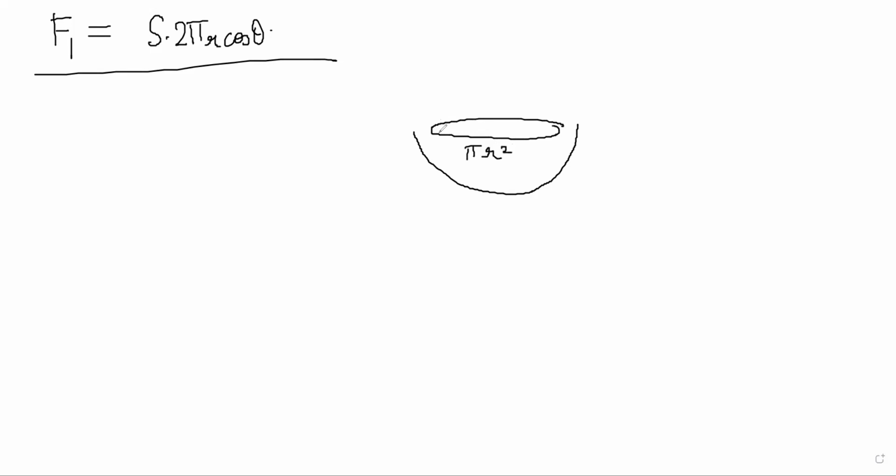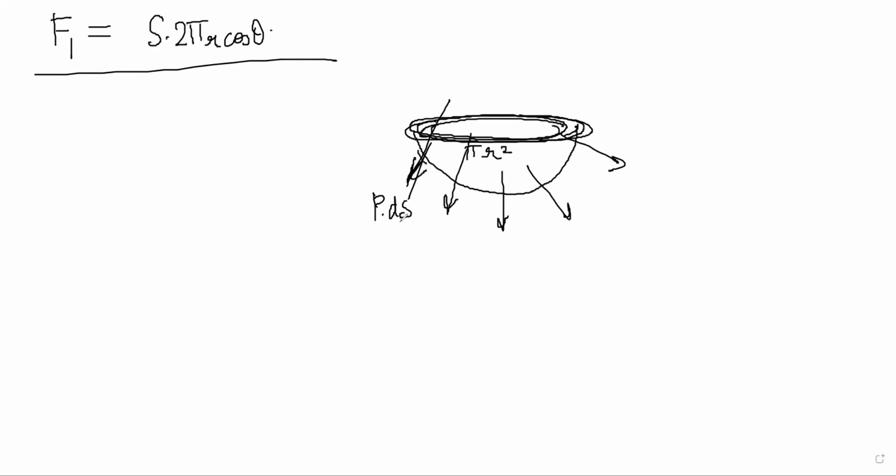Technically, the real cross section across which it is acting is pi r square. You could have done P into dS here, but this will be at an angle, so you could add dS cos theta, every dS cos theta, and it will become overall pi r square.